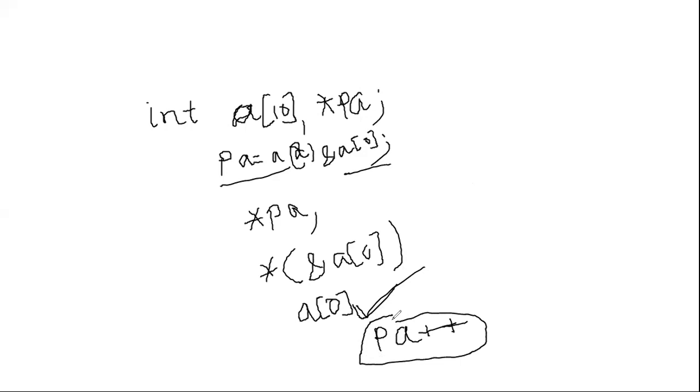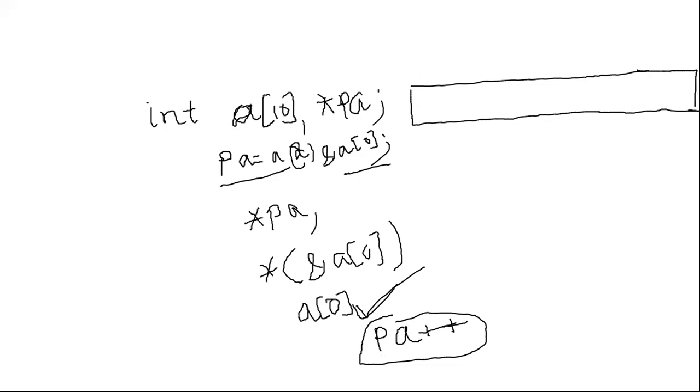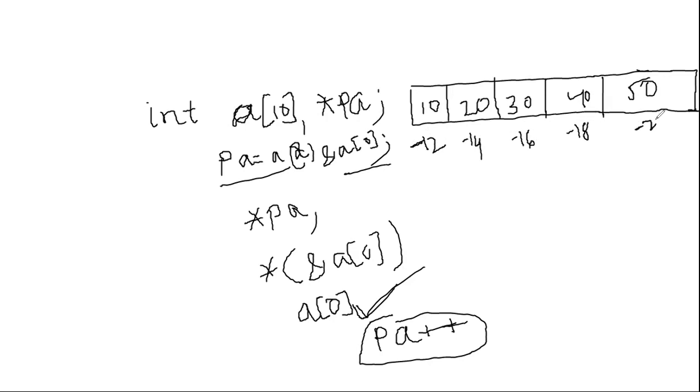For example, in an array we have 5 memory locations. Suppose you store the elements 10, 20, 30, 40, 50. The element addresses are -12, -14, -16, -18, -20, because each occupies 2 bytes.